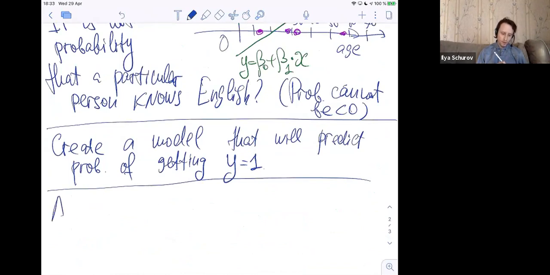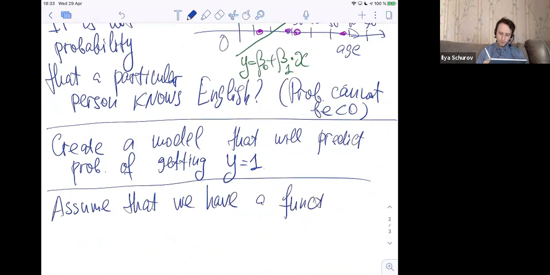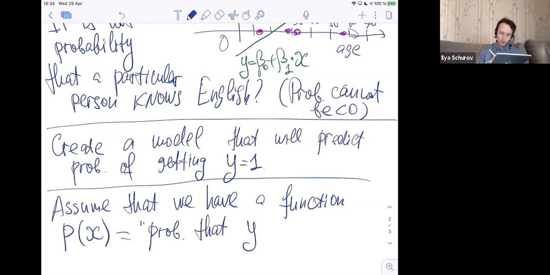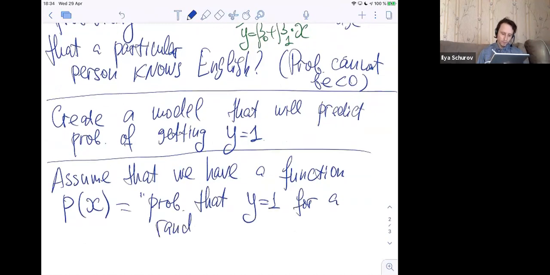Assume that we have a function p of x. This is exactly what I want to model: the probability that y equals 1 for a random item with a given x.